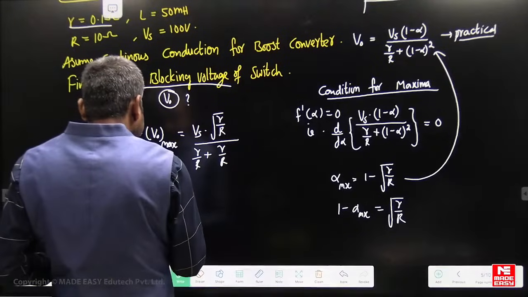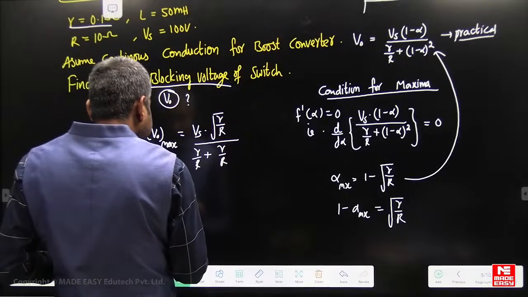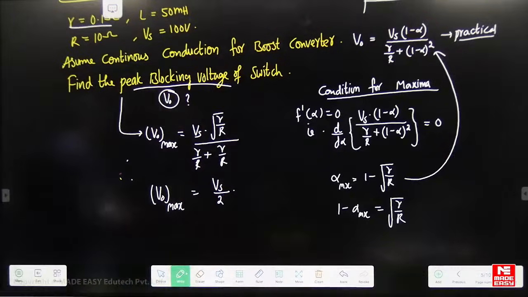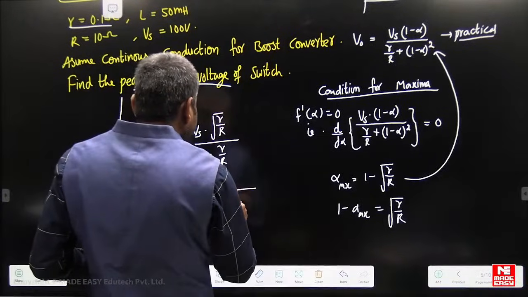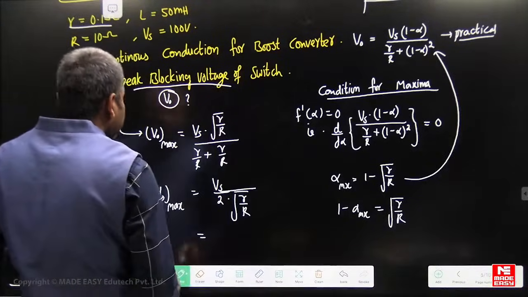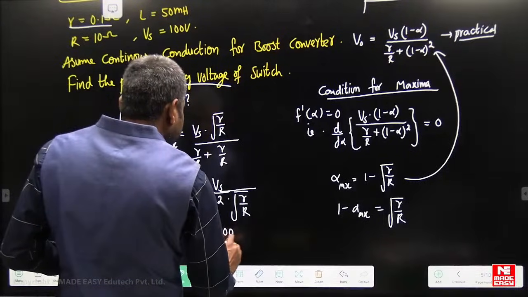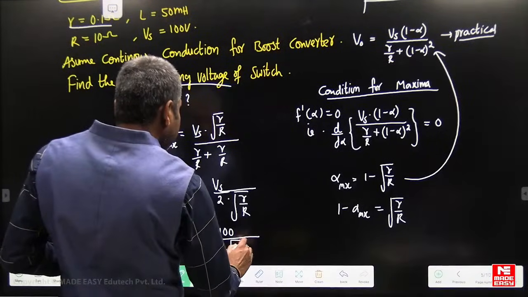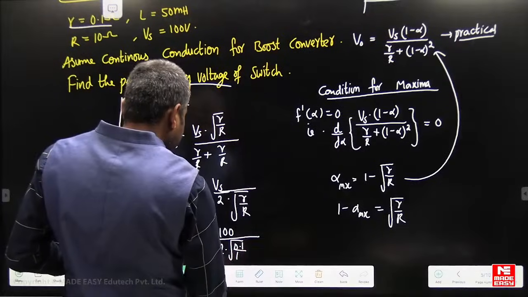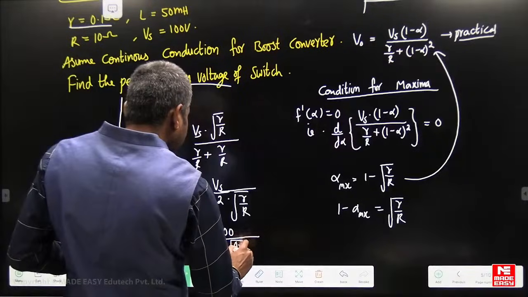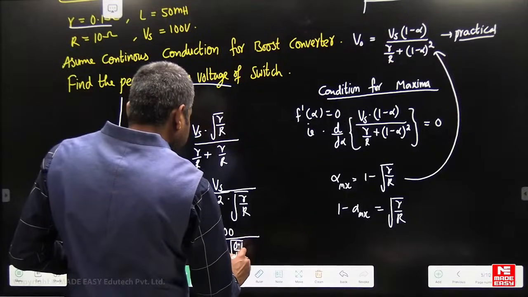Maximum voltage is Vs by 2, with the denominator under root of r by capital R. Vs is 100 volts, by 2 into under root of small r, which is 0.1, by 10.